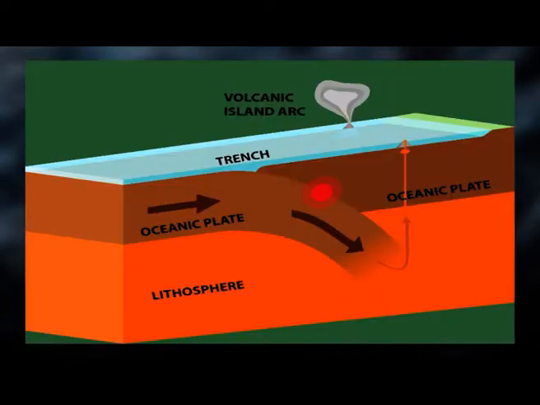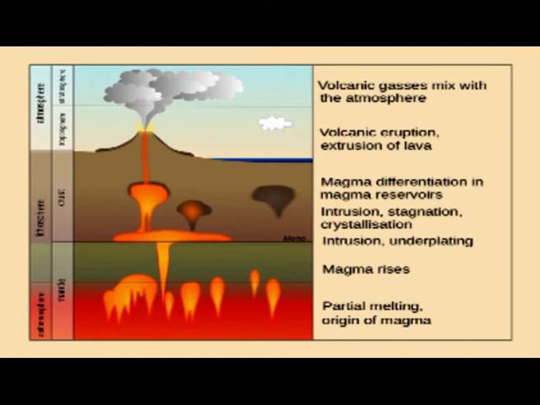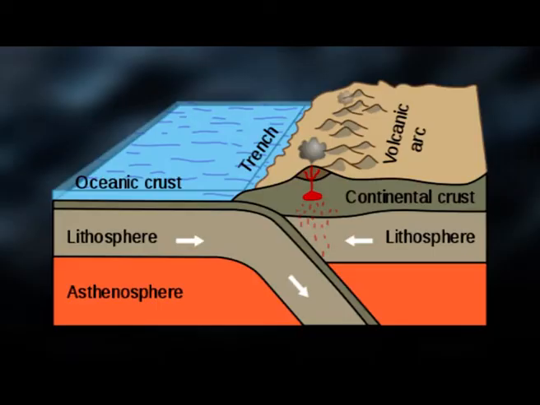Other source regions of basaltic magma are divergent and convergent lithospheric boundaries. Melt of granitic composition can only be generated in the continental crust.